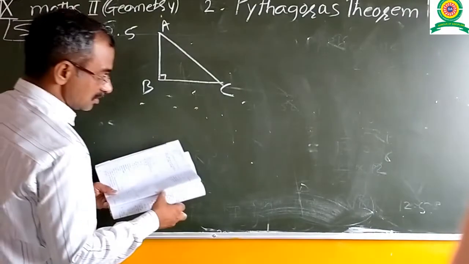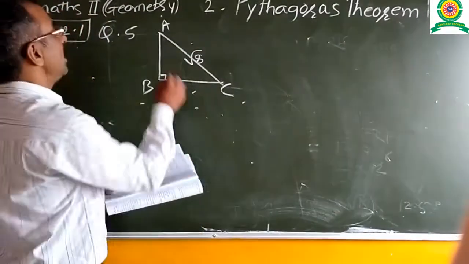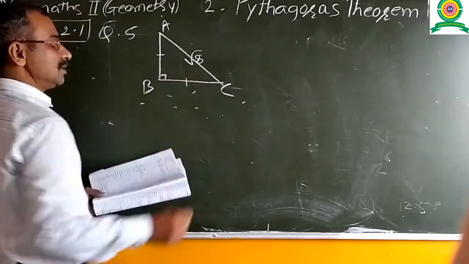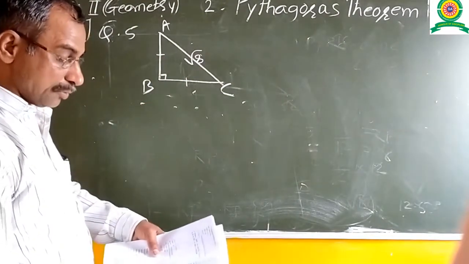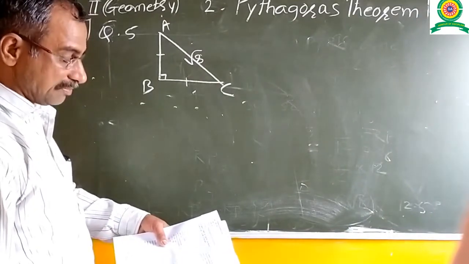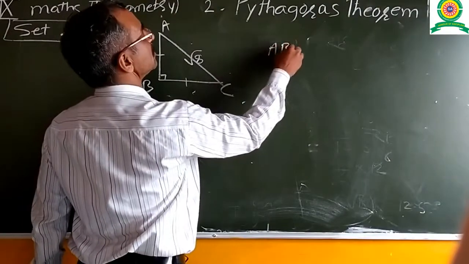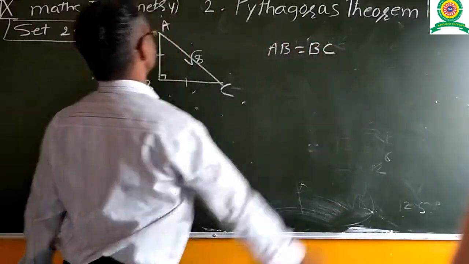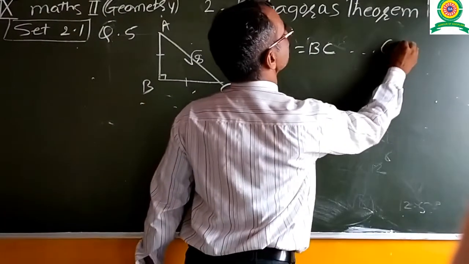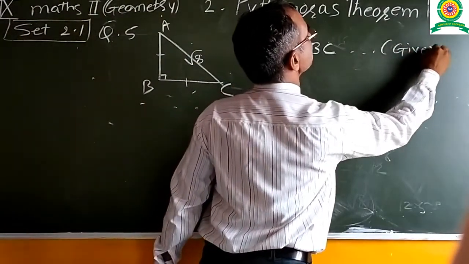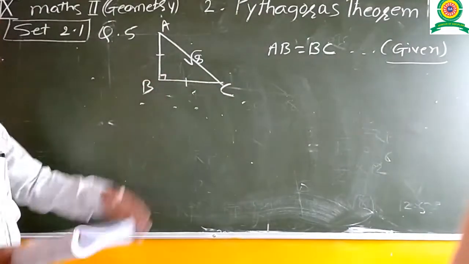The hypotenuse is given as √8, and these two sides are both equal. Then do the activities. Some blank spaces are given. First, AB is equal to BC. It is already shown in the diagram, so it is a given. For this blank space, we write the given things, already given in the diagram.